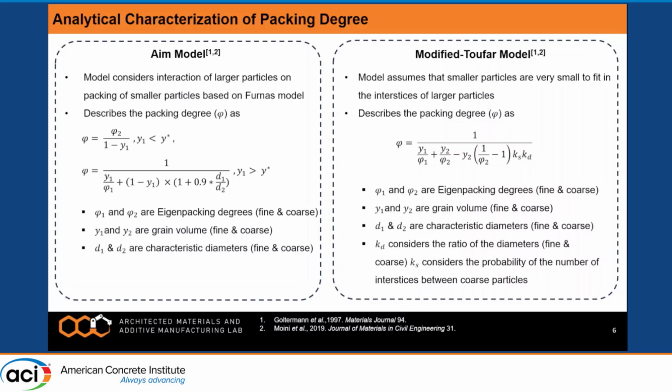The Modified Toufar model also considers the same parameters like packing degrees, grain volume, and characteristic parameter, but it also considers 2 correction factors, KD and KS. So we have used these 2 models to understand the binary packing degree in these aggregate blends.